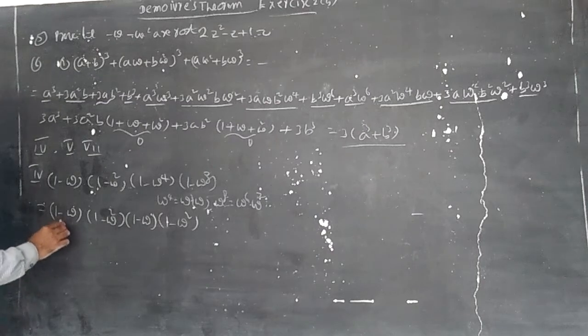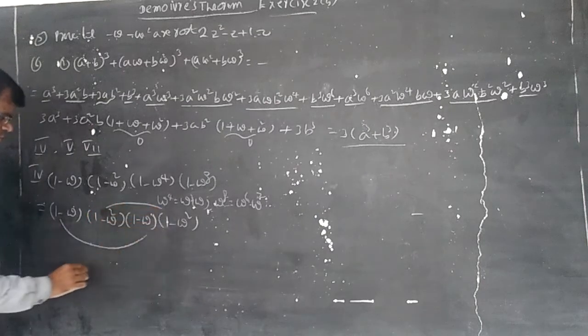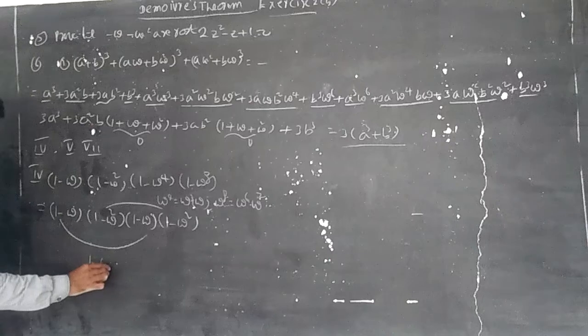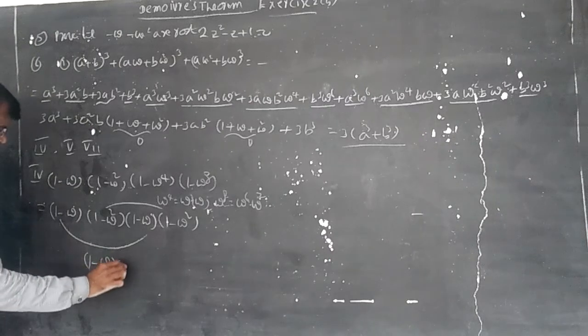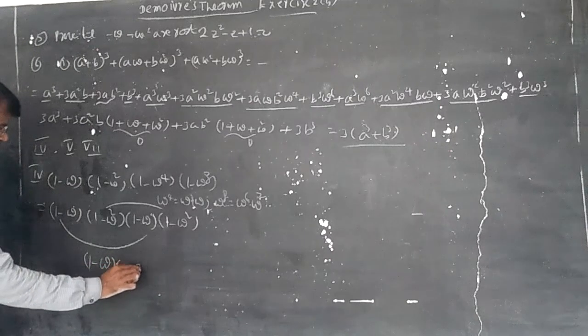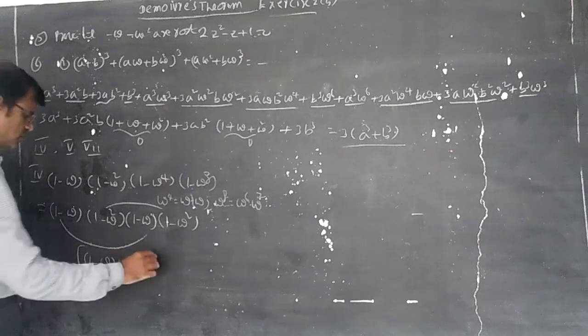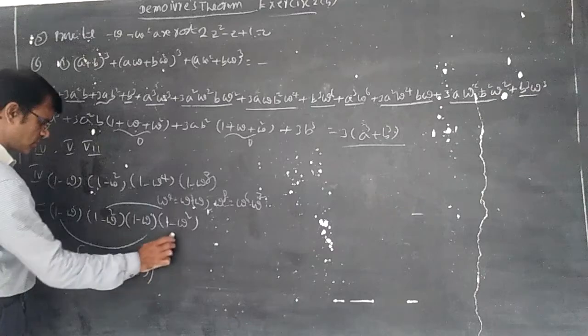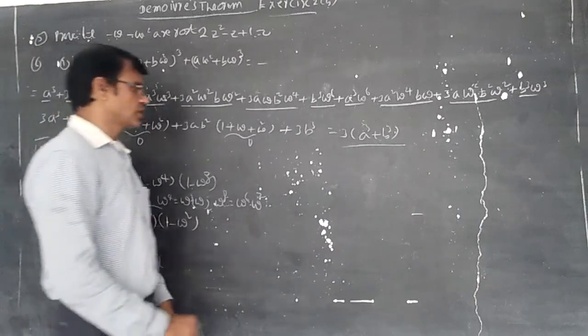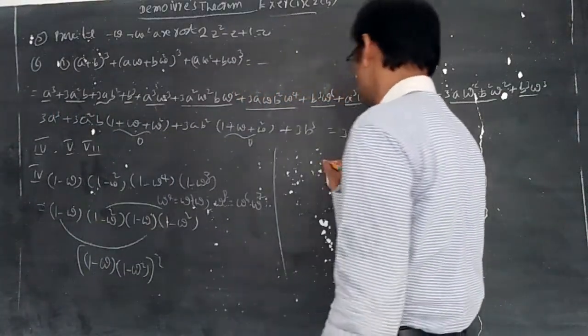So write like this, 1 minus omega into 1 minus omega square whole square total. So 1 minus omega into 1 minus omega whole square is there, 1 minus omega square whole square is there. Total square you can write. 1 minus omega into 1 minus omega square.